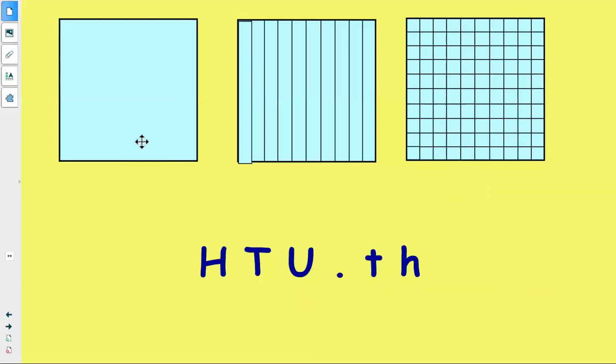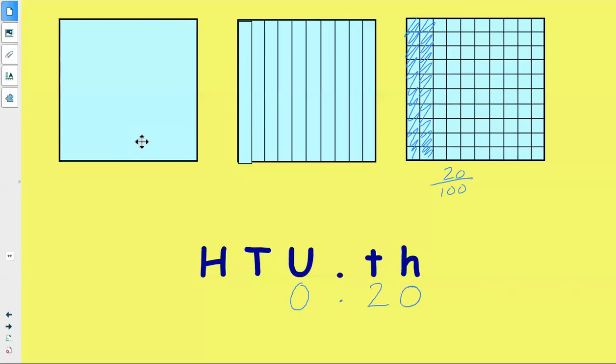If I shaded in 20 hundredths, how would I write that? 0.20.